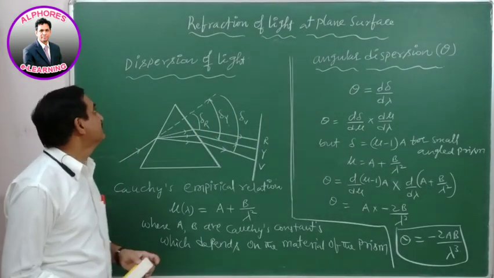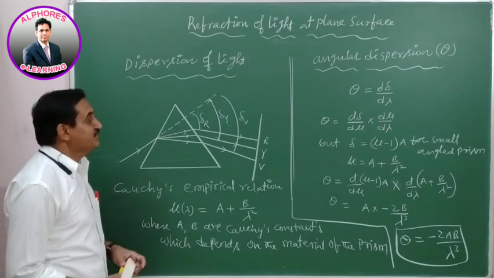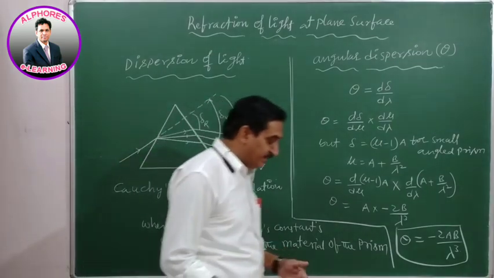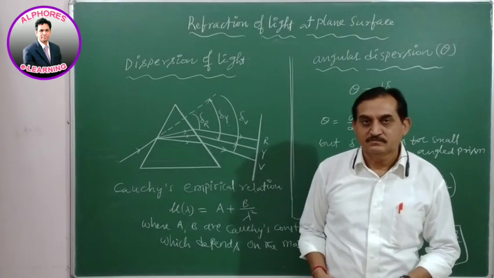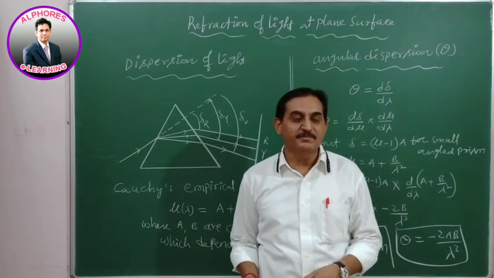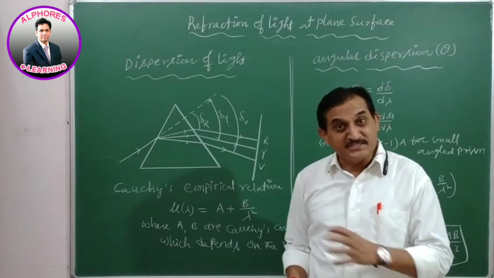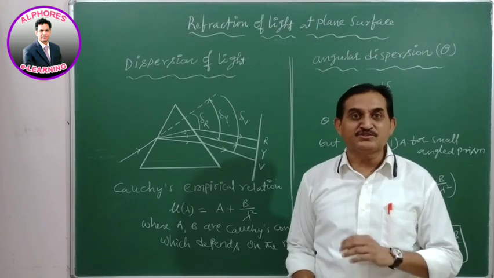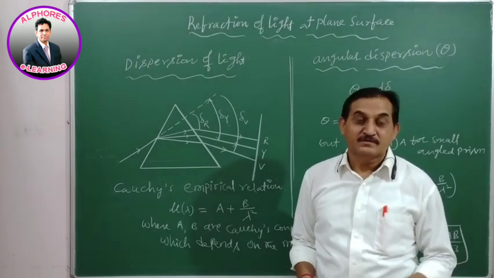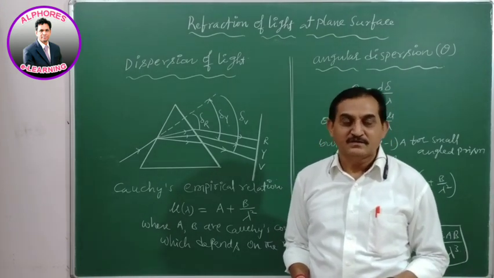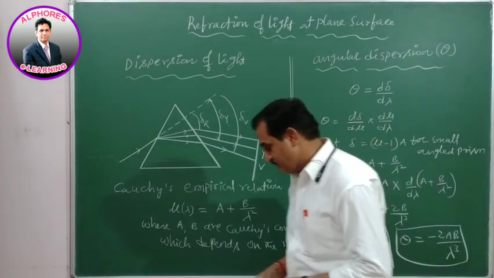Next concept, dispersion of light. Already we discussed at the beginning, when white light is incident on a prism it splits up into 7 constituent colors. This phenomenon is known as dispersion of light.